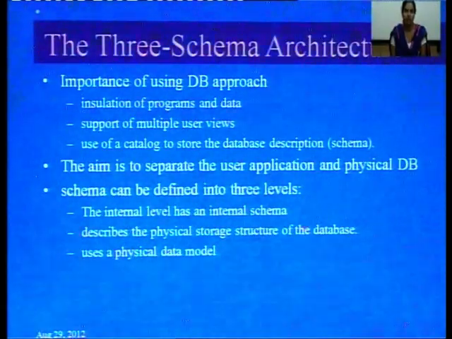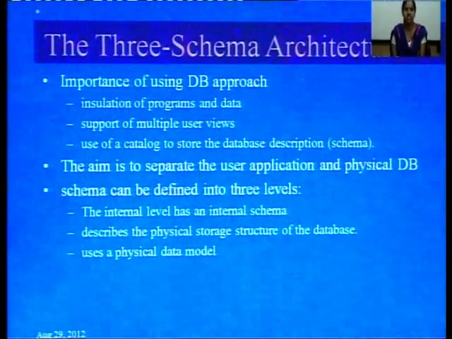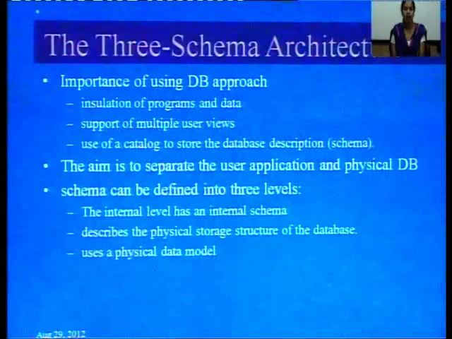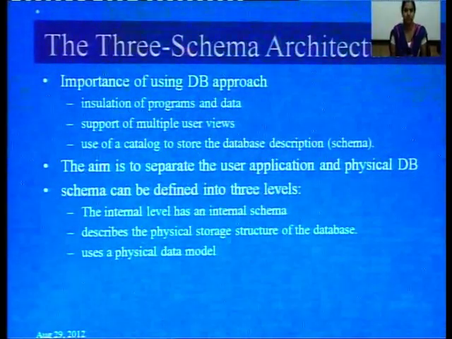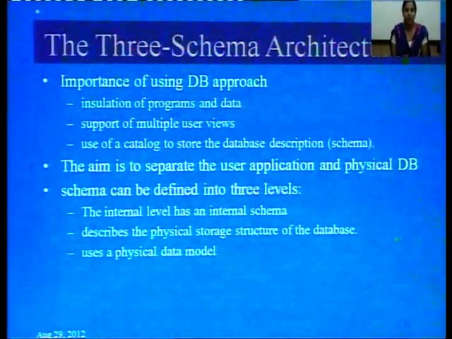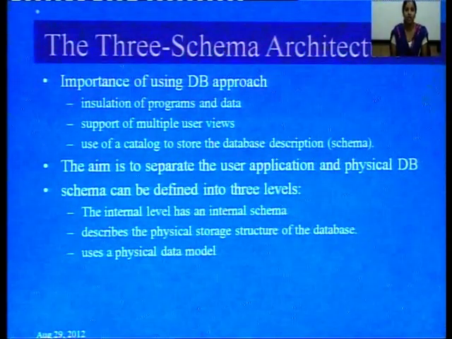The aim of this 3-tier architecture is to separate the user application and the physical database. That means we have 3 levels. The one is the physical level, above it is the logical level, and at the top is the conceptual level. At the physical level, the data is actually stored, and at the conceptual level, we see what the user is seeing logically.